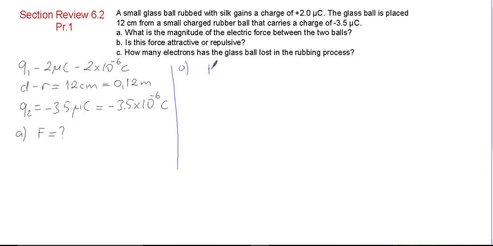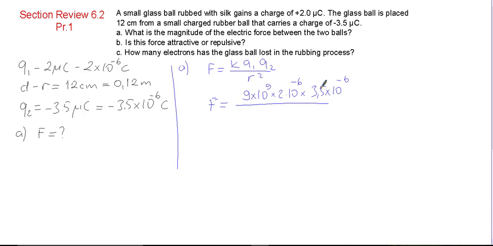F is equal to K multiplied by Q1 multiplied by Q2 divided by R square. Then F is equal to K, 9 times 10 to the power of 9, the Coulomb constant, and Q1 is 2 times 10 to the minus 6 multiplied by the other charge, 3.5 times 10 to the minus 6.